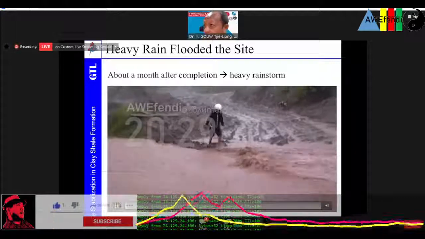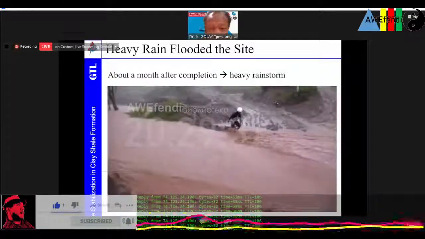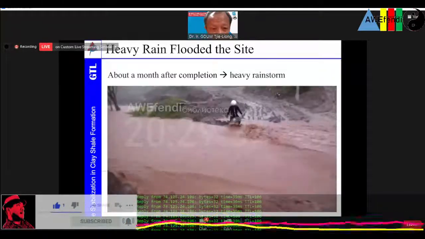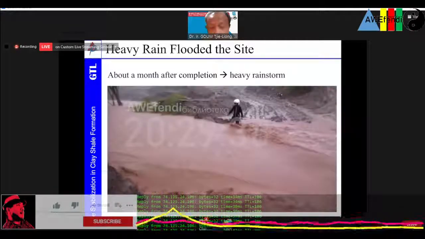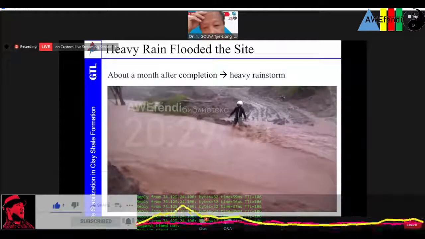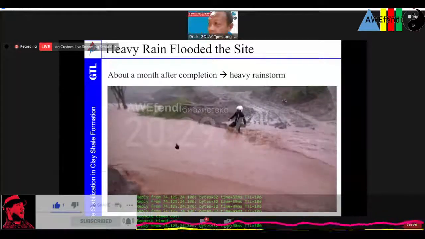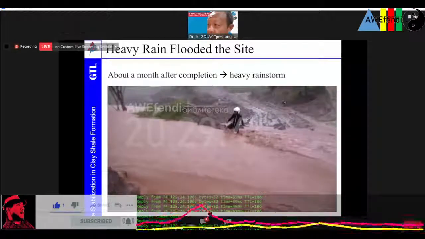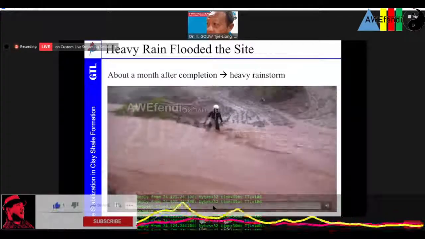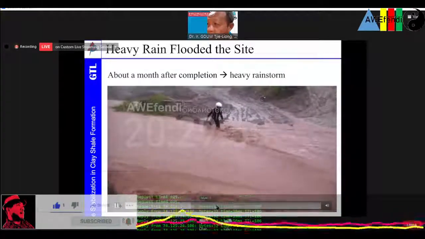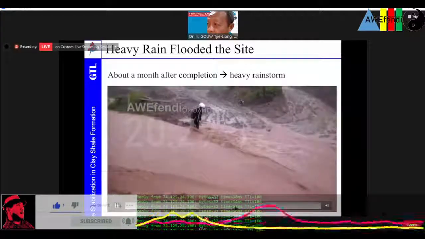Unfortunately, the contractor didn't have enough time to build the proper drainage behind. It was also an unexpected event, the flash flood coming in, with very severe rain. The water is flowing through, actually some of it flowing through the wall that we have built.